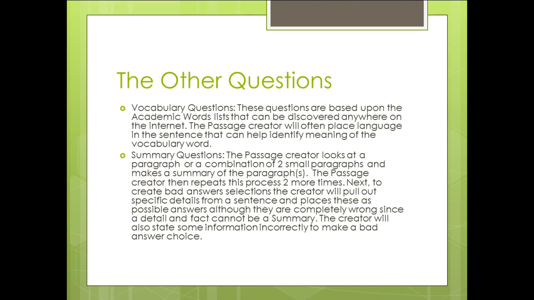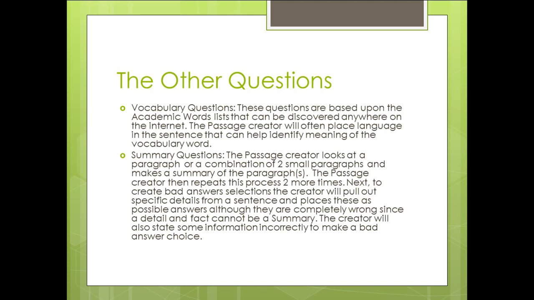When somebody's designing a summary question, they look at different paragraphs. They're going to pick 3 paragraphs from the passage, and then they're going to write a summary sentence for each paragraph. And to pick the bad answer choices, they're going to pick specific details or specific facts from different paragraphs, or they're going to misstate specific information from a paragraph and make those the wrong answers.